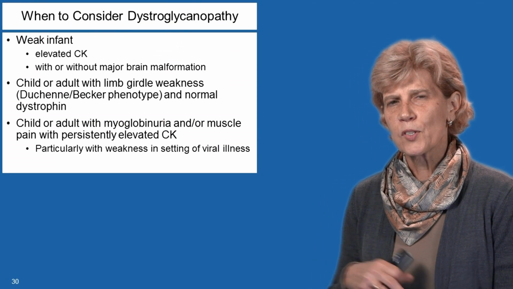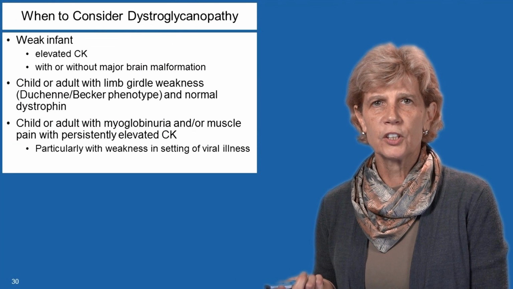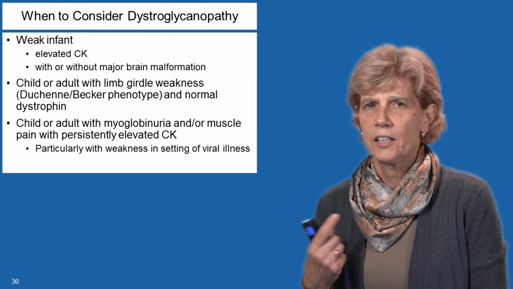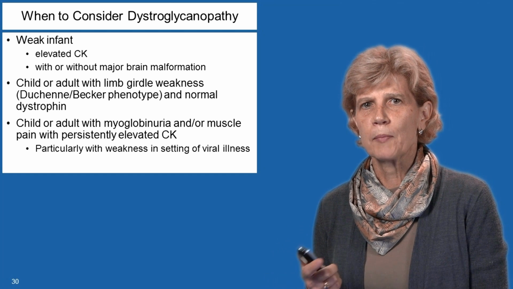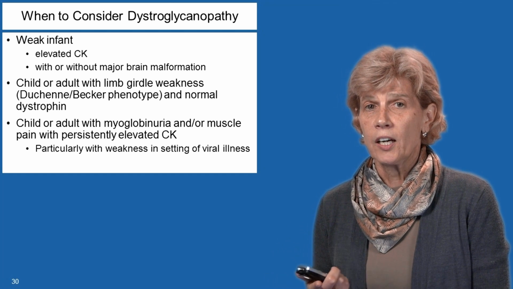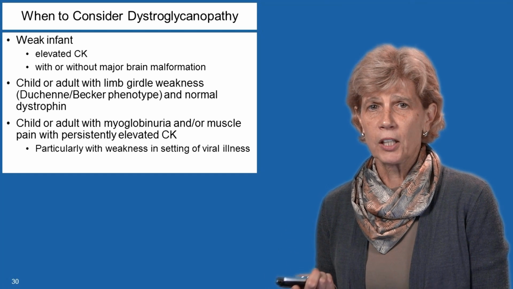So to summarize what I've gone over in the last two talks, when do you consider a dystroglycanopathy? If you have a profoundly weak infant with elevated CK with or without brain malformation. If you have an adult or a child with a limb-girdle pattern weakness that's not Duchenne or Becker.